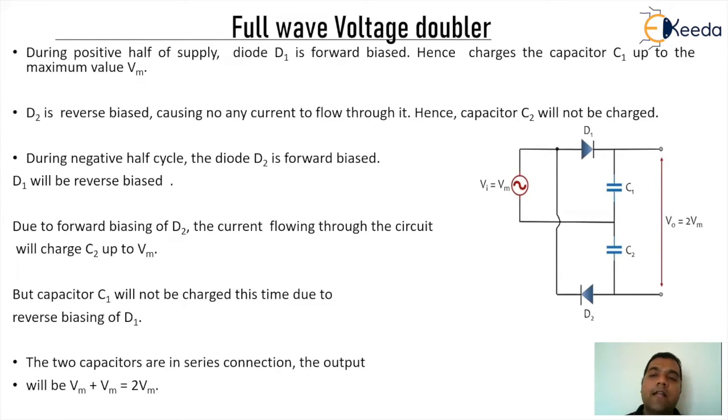Now when we start the operation, we will have to check what will happen for the diodes and the capacitor in the independent half cycle. Here we are going to consider the positive half cycle of the AC input. And during the positive half cycle of the AC input, the diode D1 will be forward bias. Since D1 is forward bias, capacitor C1 gets an opportunity to charge to a peak value of Vm.